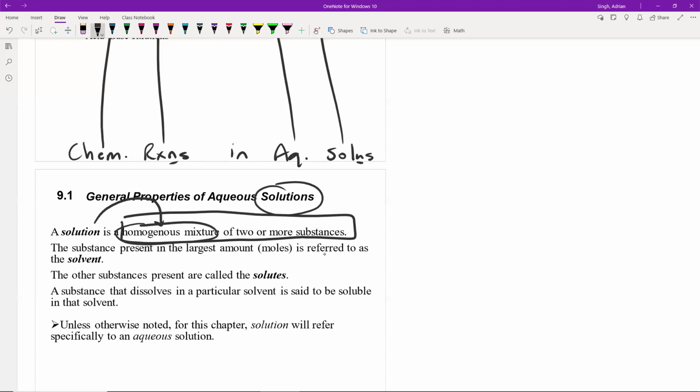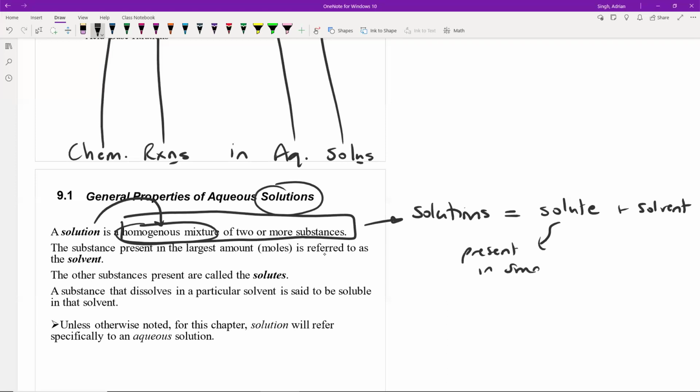Now, solutions generally are made up of two components. It's made up of something called a solute and something called a solvent. And the difference between them is just the relative amount. So the solute is the thing present in smaller amounts, and the solvent would be the thing present in greater amounts.